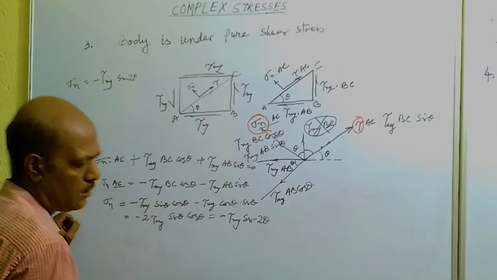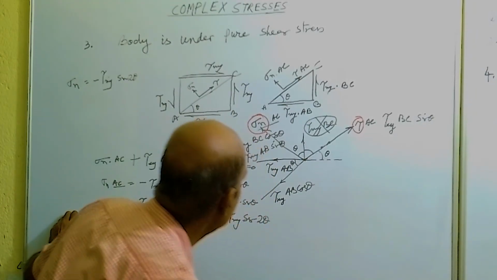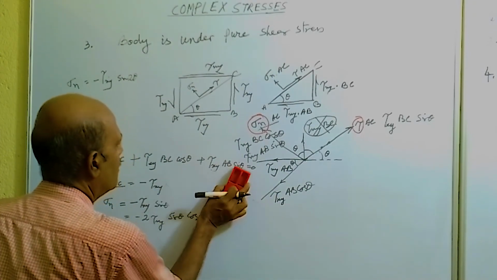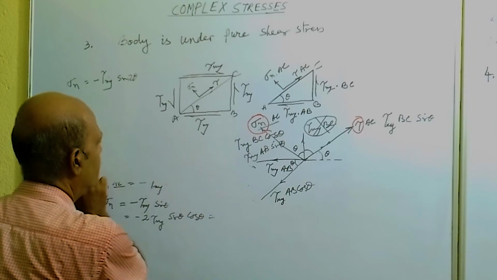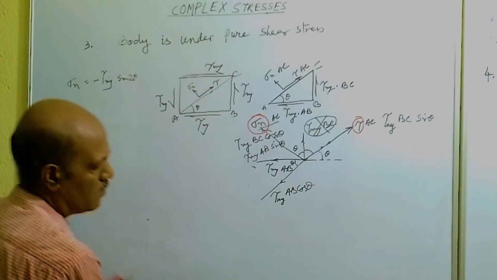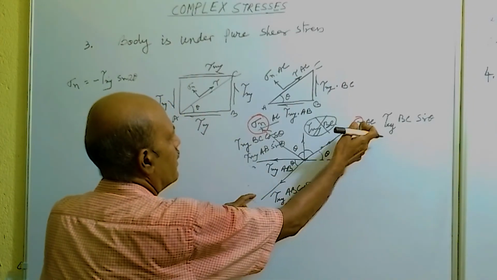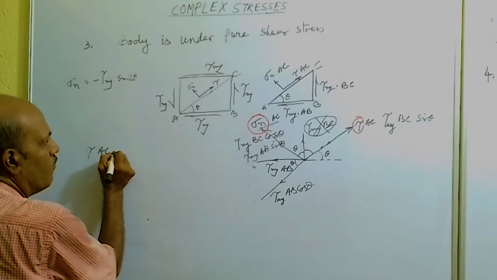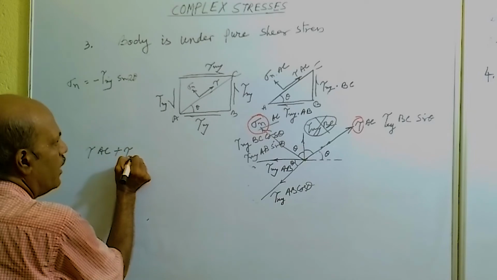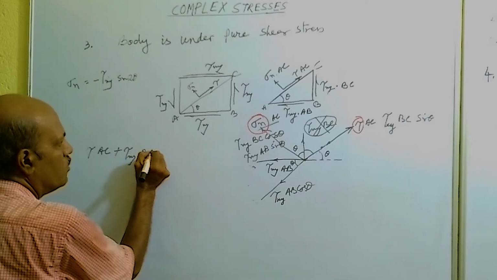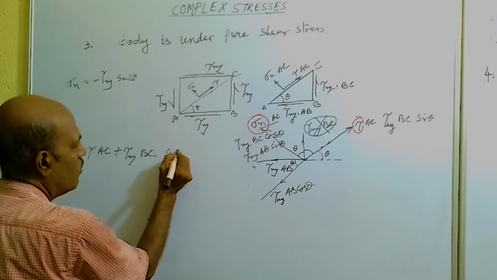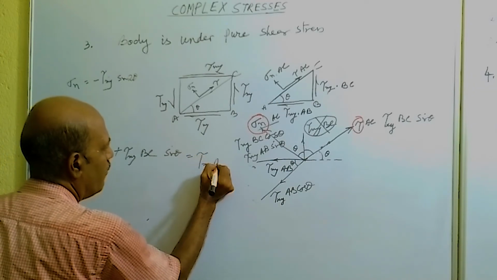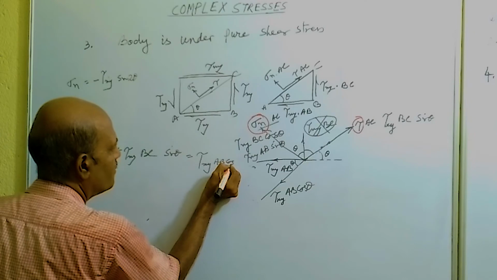And now next we will find out the shear stress developed on the inclined plane. For shear stress, we will equate these two. For equilibrium, we can write tau into AC plus tau xy into BC into sin theta, equated to tau xy into AB into cos theta.